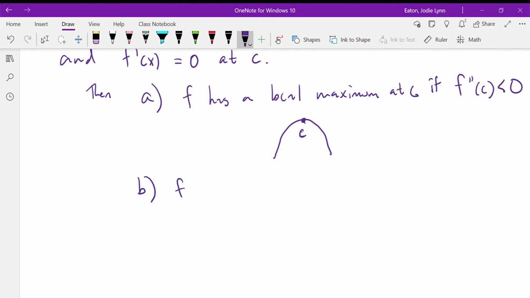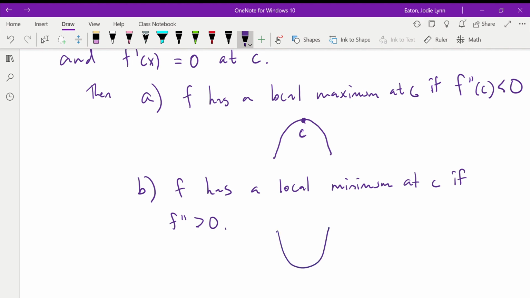And B: f has a local minimum at c if f double prime is positive. So when f double prime is positive, think of this picture. We have concave up and we have our c here.